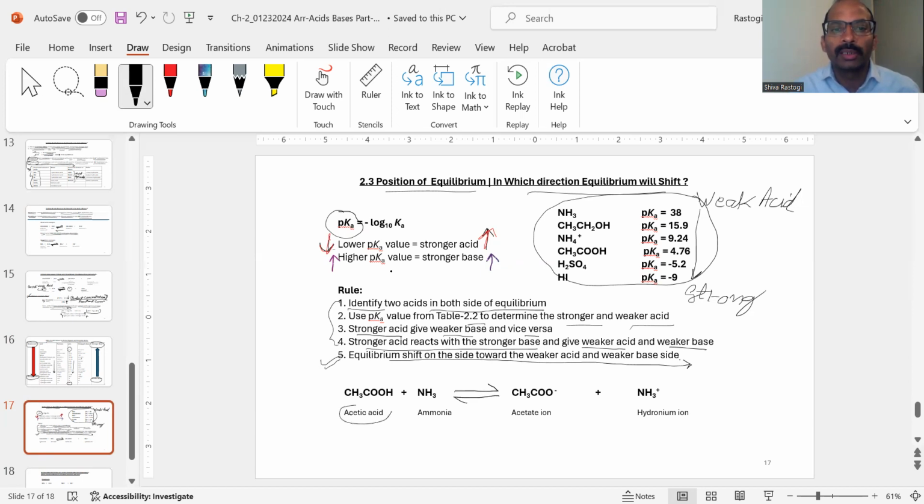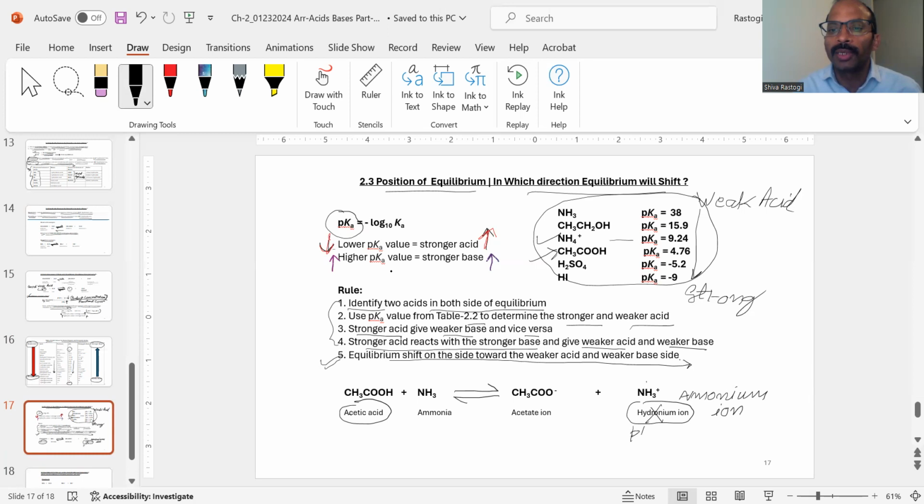One is acetic acid, which is listed here. The other is the ammonium ion, and the ammonium ion is listed here.